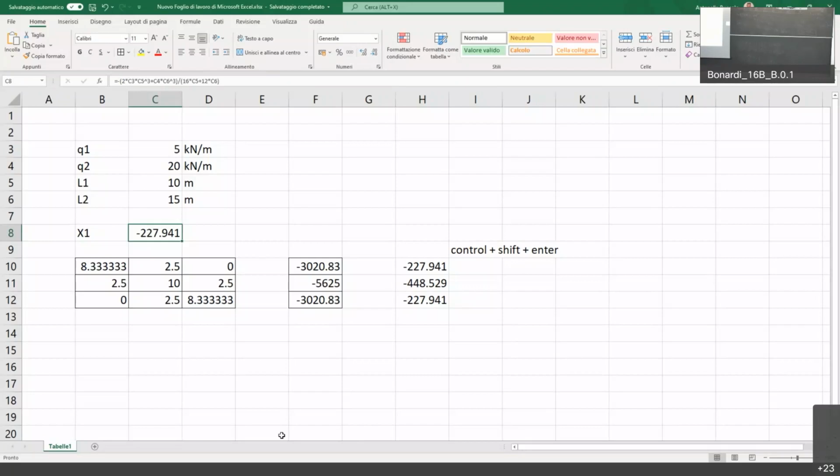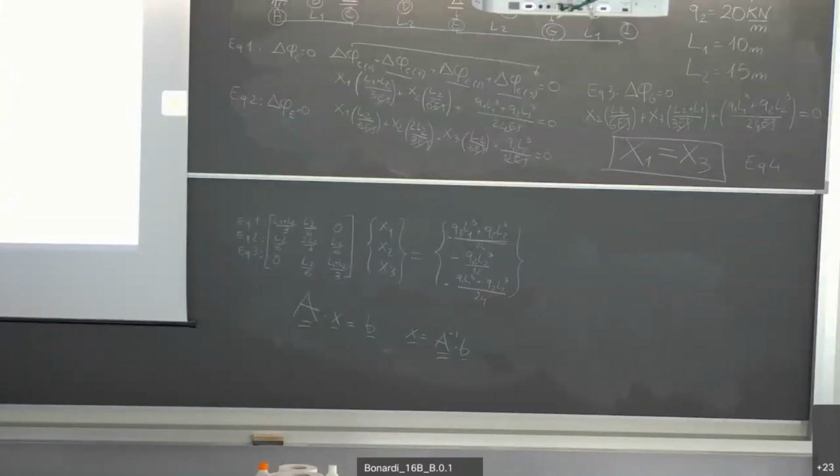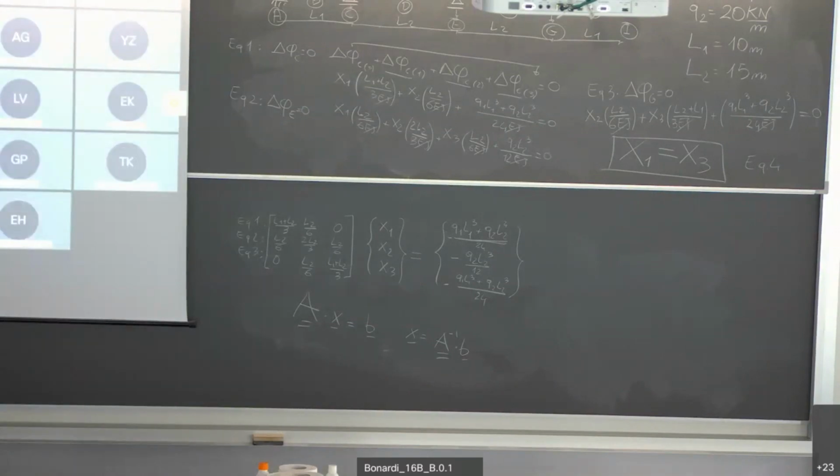Now let's do it very quick with Try2D. But I have to stop this sharing and share everything.